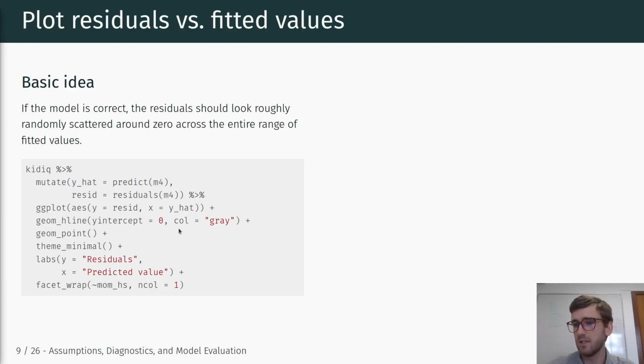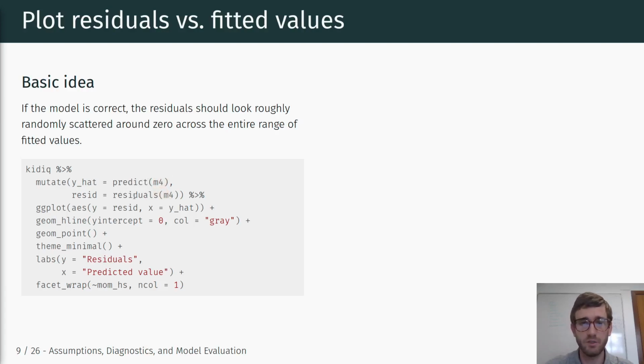Okay, and so in order to evaluate the plotted residuals versus the fitted values, we're taking our original data, kid IQ, and we're adding two different variables. First, we're adding y hat, that's just our vector of predicted values, which we're generating using the predict command, and we're adding our residuals, using the residuals command.